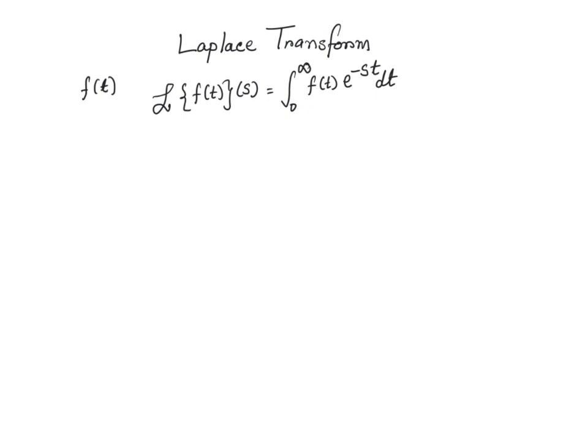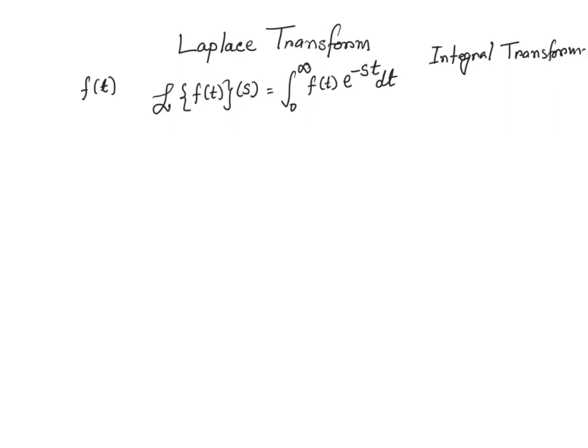By the way, this is an integral transform, and it is a very useful one. It's used in solving differential equations, particularly ordinary differential equations. So let's look at this improper integral.